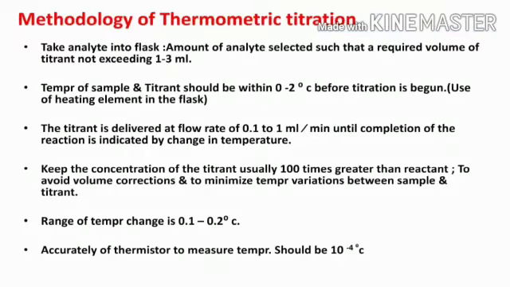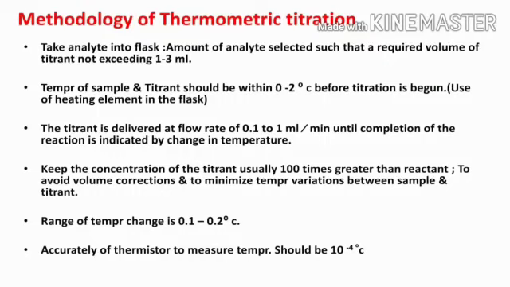What is the methodology of thermometric titration? We have to take the analyte in the thermally insulated flask. The amount of analyte should be such that the volume of titrant required should not exceed 3 ml.